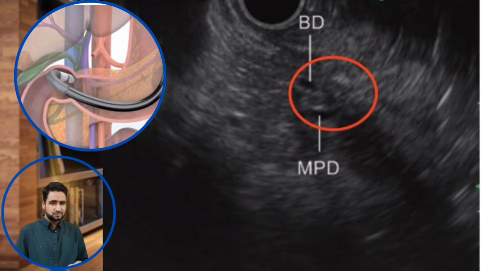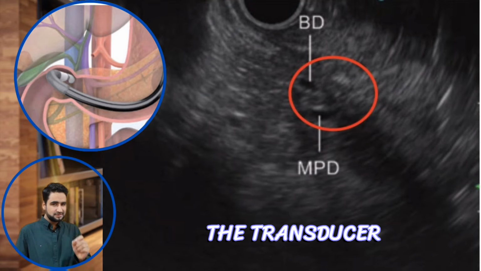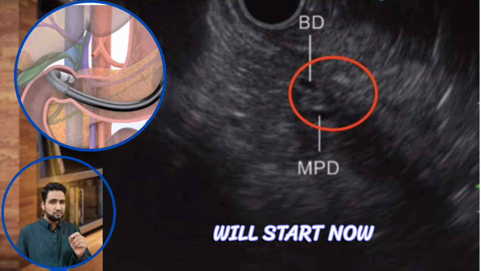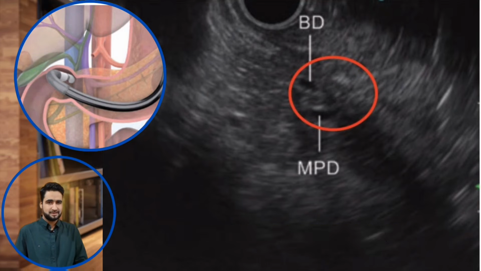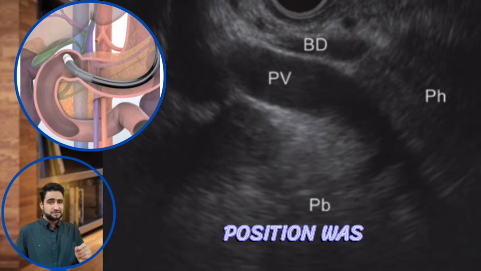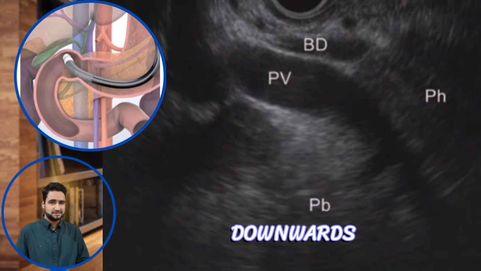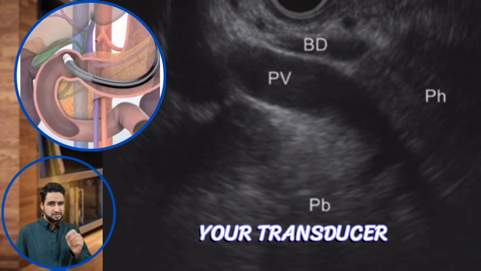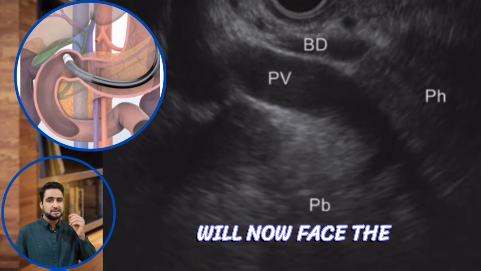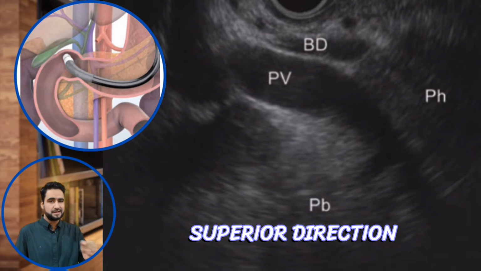Now from this position, if I do a slight anticlockwise rotation, the transducer will start facing posteriorly. Remember, the initial position was posteriorly downwards. If you keep on doing anticlockwise rotation, your transducer will now face the posteriorly superior direction.